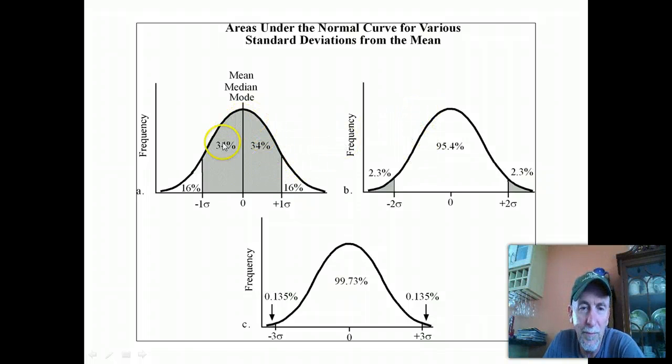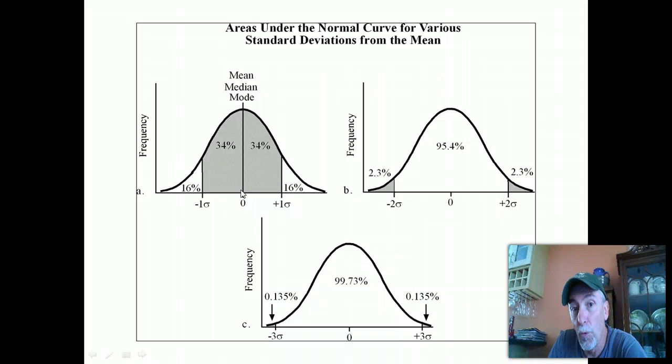Also, we sometimes use standard deviations in making adjustments to data sets based on the histogram. And so it's useful to know the percentages of the total area of a distribution, or the total percentage of a distribution that falls within certain standard deviation ranges of the mean.